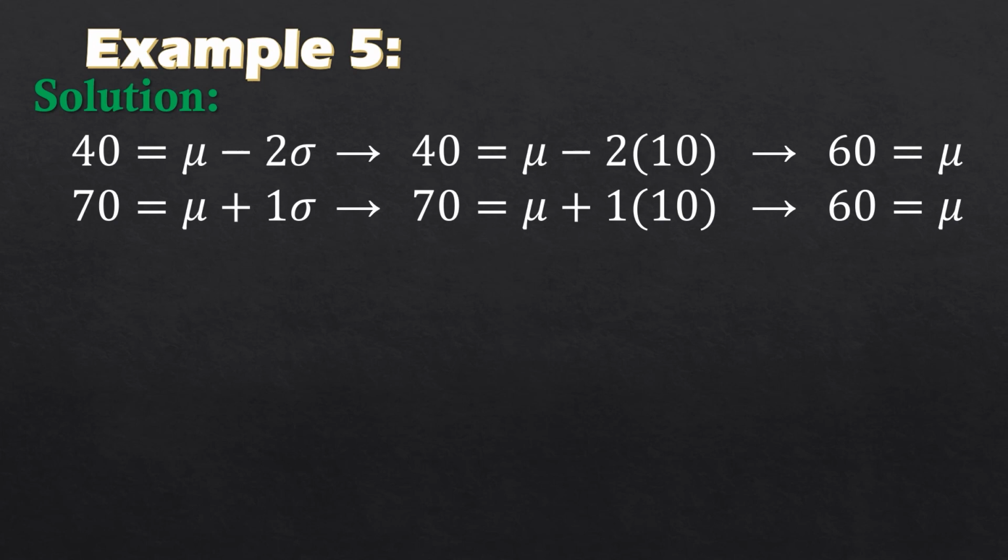Then substitute 10 for sigma. We will have 70 equals mu plus 1 times 10, that is 10. Then transpose positive 10 to the left side. We have 70, it will become negative, minus 10. So 70 minus 10 is equal to 60, also equal to mu.